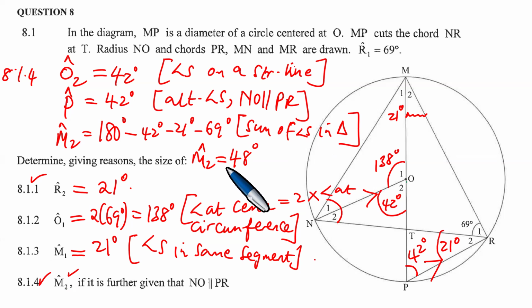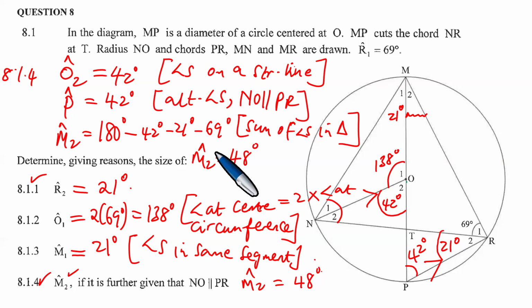Okay, where's the question? So now the angle M2 can come here. The angle M2 is equal to 48 degrees. Check this: 180 degrees minus 42 degrees minus 21 minus 69, you're getting that.